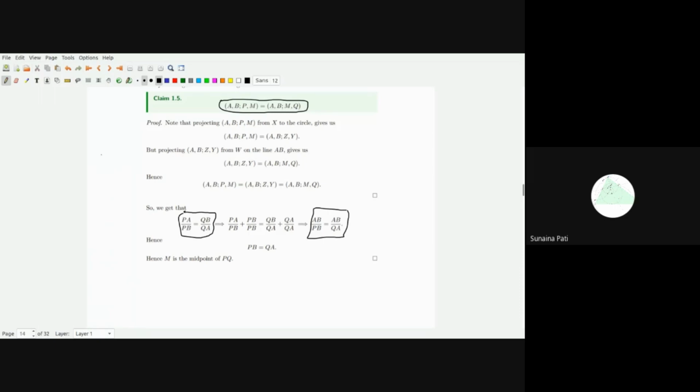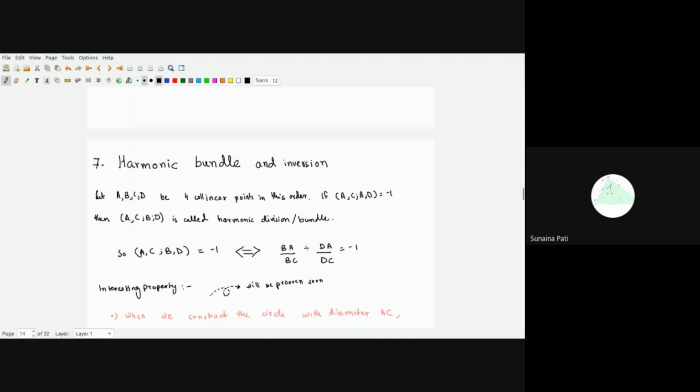Okay, so next we have introducing the harmonic bundles. There's nothing fancy when it comes to harmonic bundles. You just have the cross ratio equal to -1. That is it.